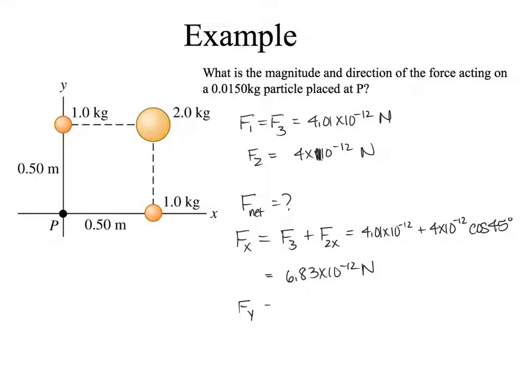The y component is equal to F1 plus F2y, which is 4.01 times 10 to the minus 12 plus 4 times 10 to the minus 12 times the sine of 45. If you remember things about sine and cosine of 45, you're going to remember that this is actually going to give us exactly the same value as the x component.